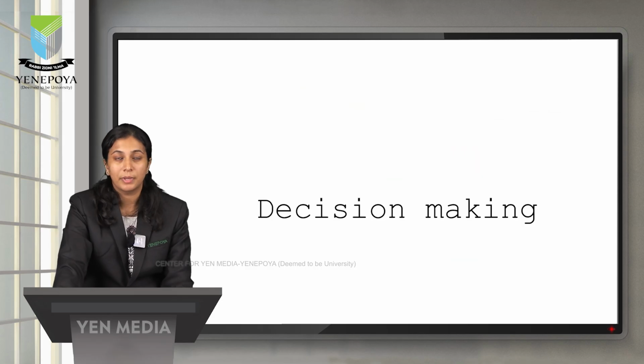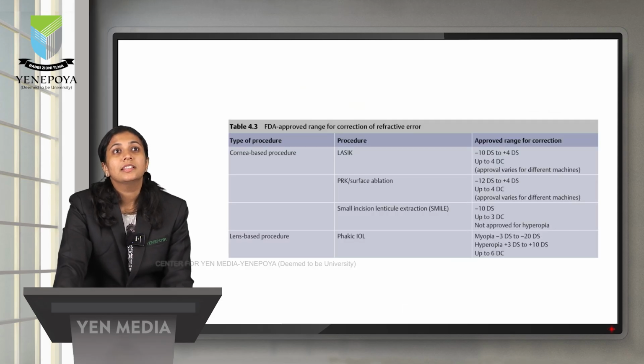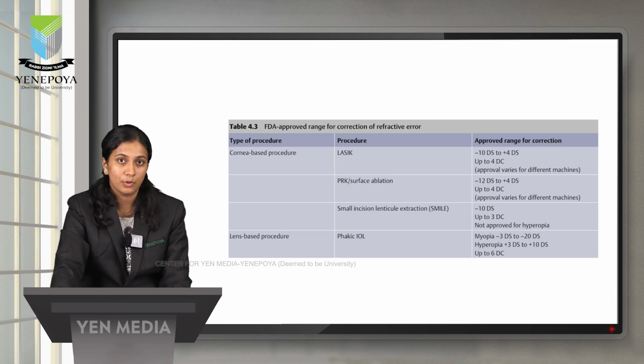Coming to decision making. This is the FDA approved range for correction of refractive error. In cornea based procedures such as LASEK, you can correct from -10 diopter sphere to +10 diopter sphere and up to 4 diopter cylinder. In PRK, it is between -2 DS to +4 diopter sphere and up to 4 diopter cylinder.